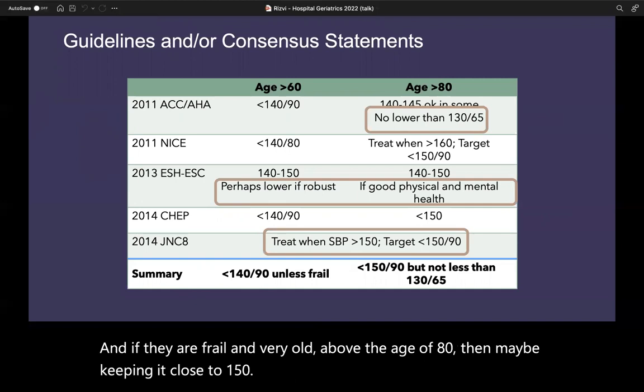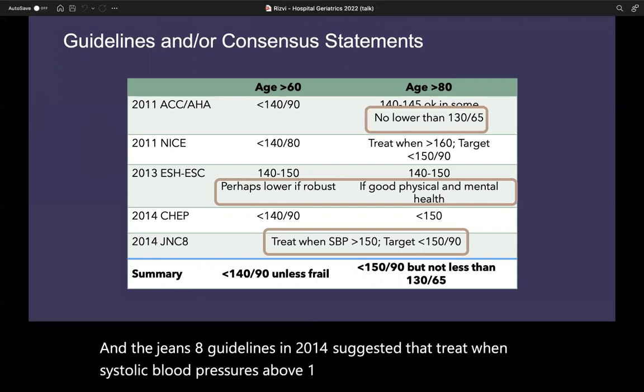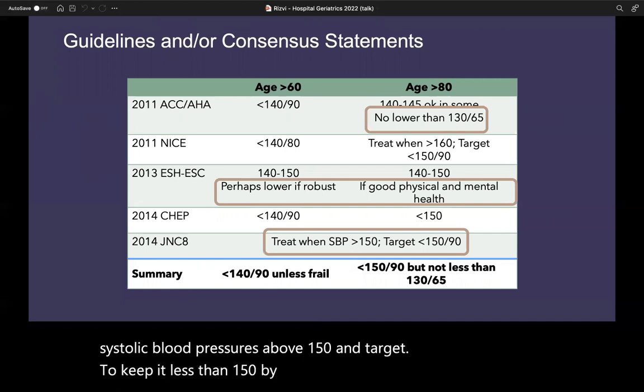The JNC8 guidelines in 2014 suggested to treat when systolic blood pressure is above 150 and target to keep it less than 150 over 90 in the elderly patient. But again, let function be your guide.